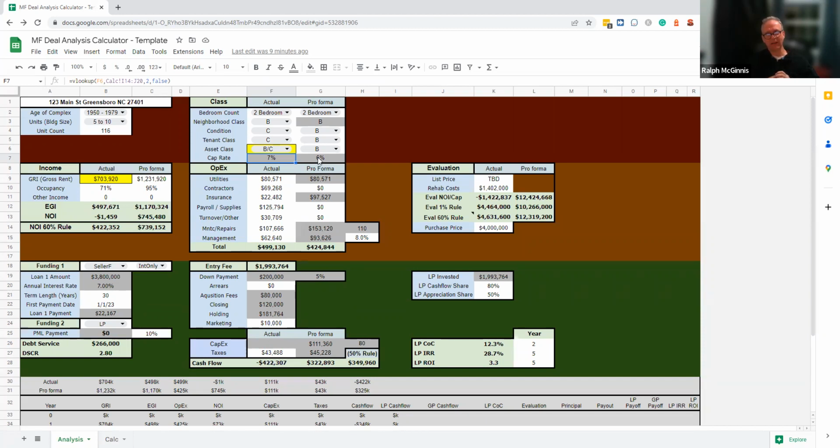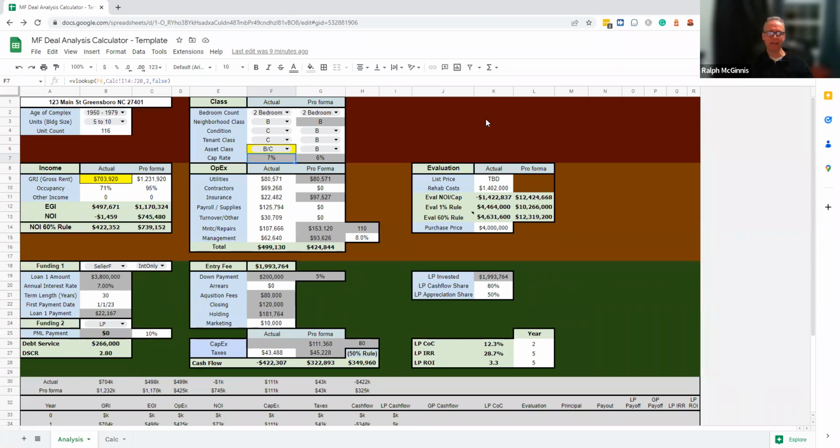So if you're in a large city and a high-end area, that's a higher evaluation property than if you're in a lower end market or out in the burbs. So the cap rate is kind of determined to a great degree by where that property is located. What's the general going rate for that class of property in that neighborhood?